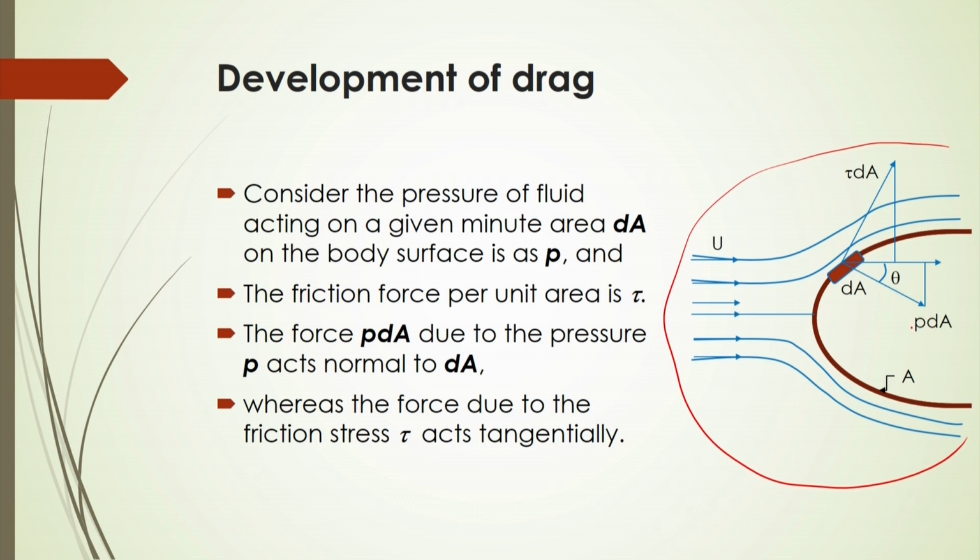So, the force P dA is due to the pressure force that acts normal to dA, whereas the force due to the friction stress, tau, acts tangential to the surface. Here tau into dA will be the shear force, and in this direction it will be the pressure force.